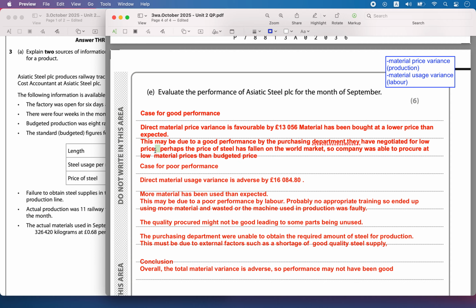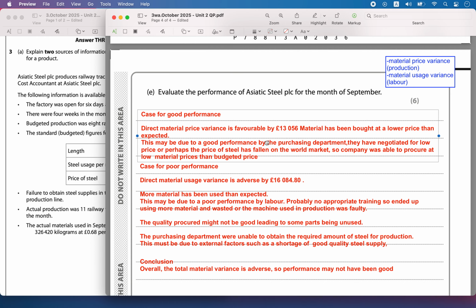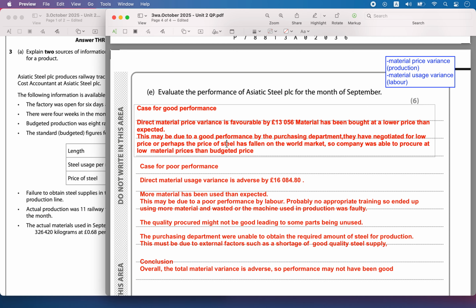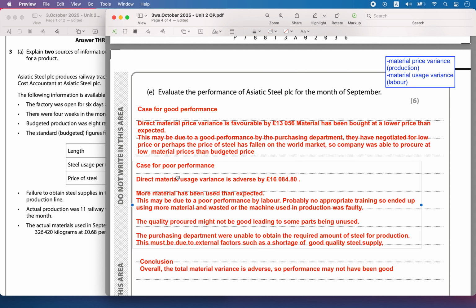Or perhaps the economic situations are favorable, like the price of the steel itself has fallen in the world economy. So they were able to procure at a lower material cost than the budgeted. Either they negotiated well, or the economic situation was such that the material price of steel had fallen overall.